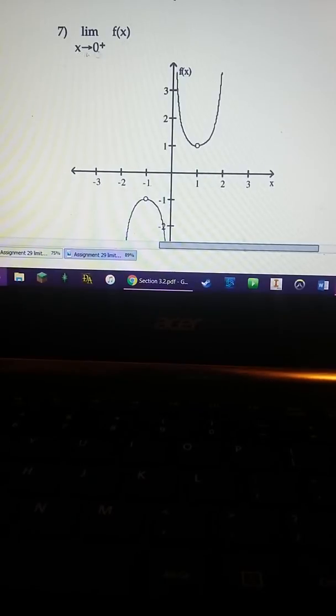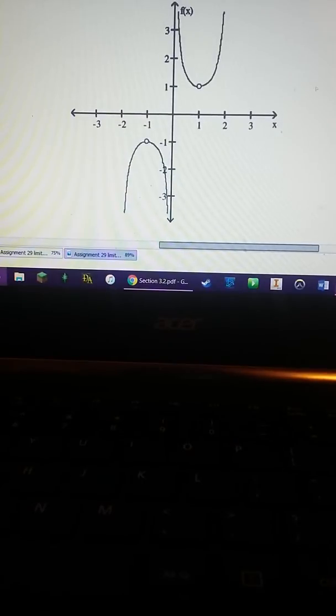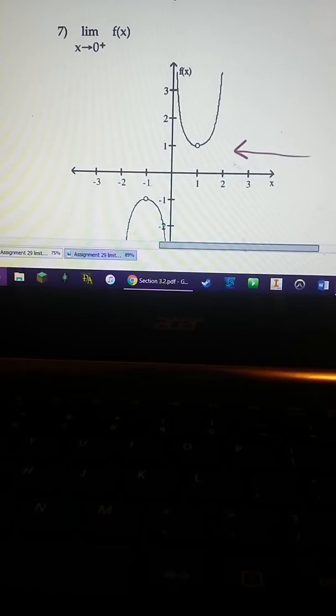As x approaches 0 from the positive side, what is the limit of f of x? Just call that up so you guys can see. Okay, so as it's nearing 0 from the positive side, it doesn't actually hit 0.